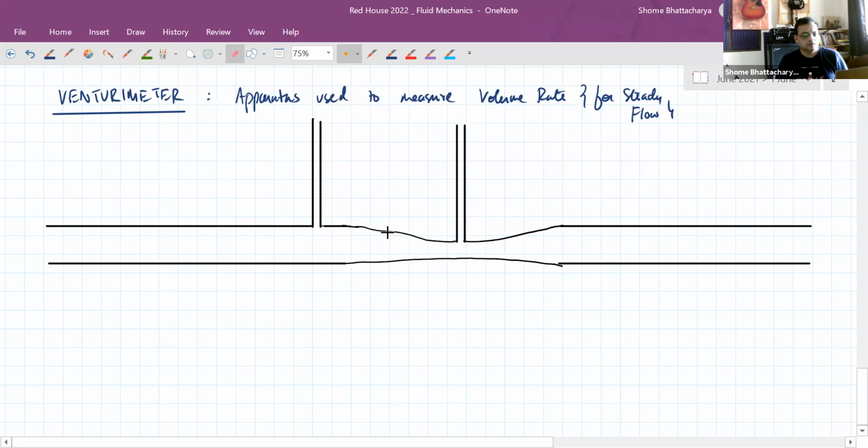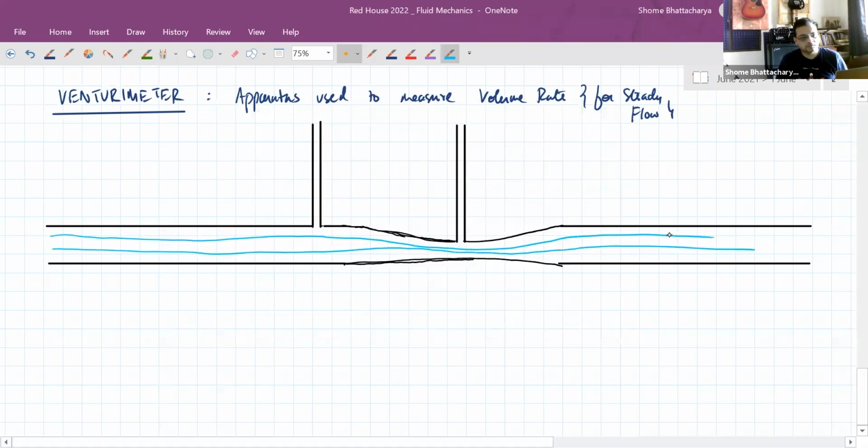What will happen is that as our liquid is in steady flow like this, the pressure of the liquid will drive a vertical column of liquid in each of these capillaries, but we'll observe that the vertical columns have a height difference.